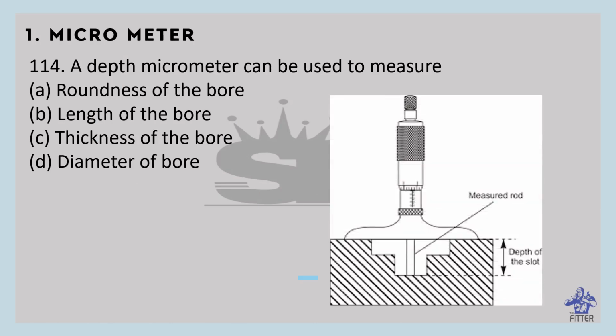You can see here in the image, this is the blind hole. So this is the depth of the slot. So this is the depth measured by the depth micrometer. So the length of the bore is the right answer, option B.